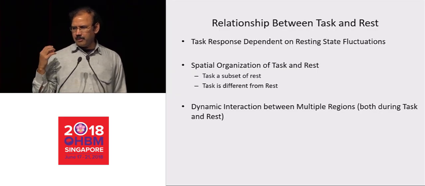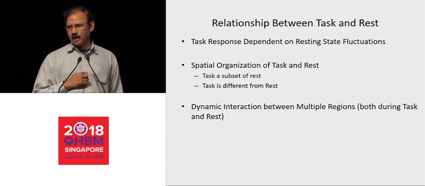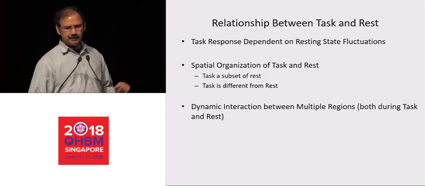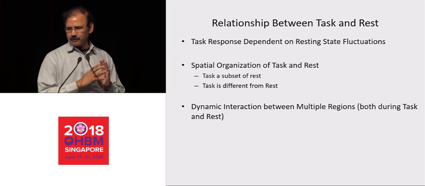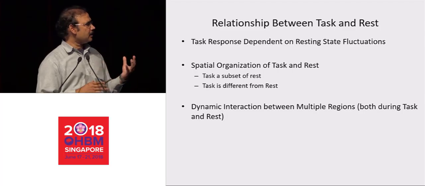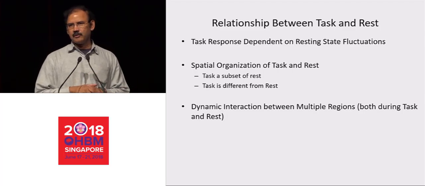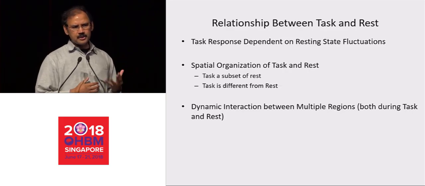So between task and rest, I'll try to cover three things. The first is whether the task response is dependent on the resting state fluctuation and vice versa, the simple reason being they share the same neurovascular model. The second is the spatial organization of task and rest.